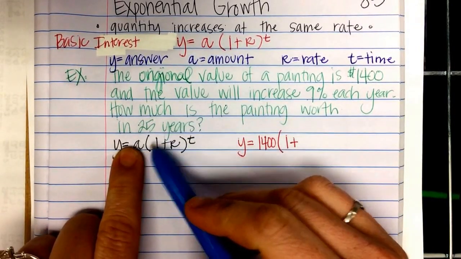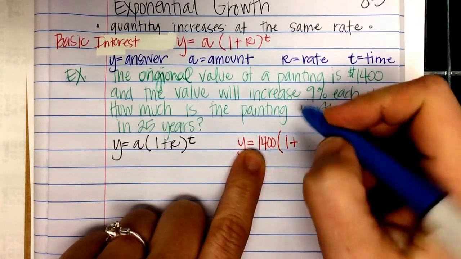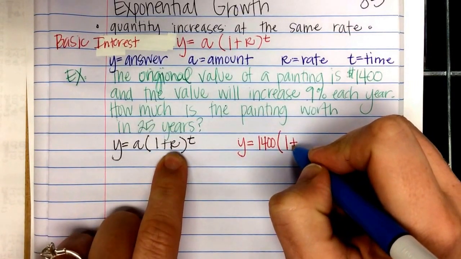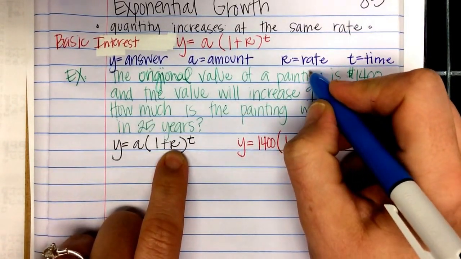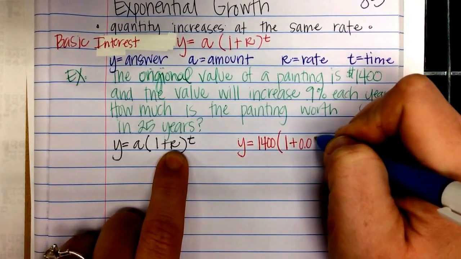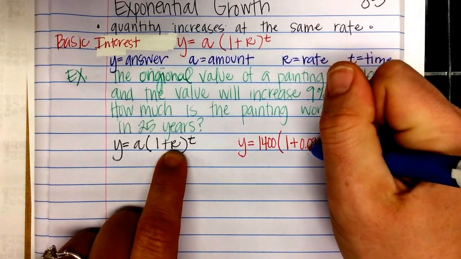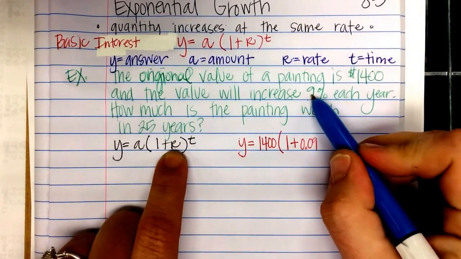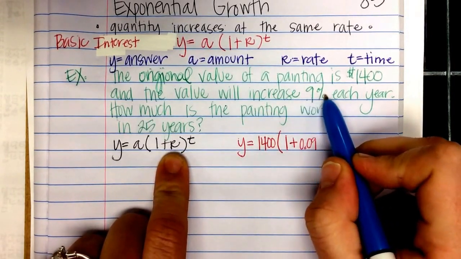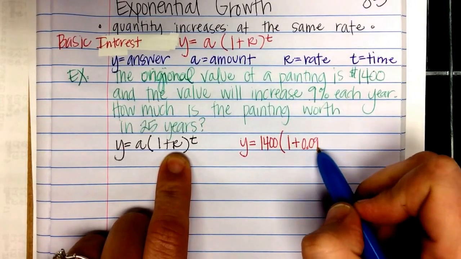Our A is our amount, which is $1,400. We have 1, because that's in our formula, plus, and Arlo told me the rate was 0.09 because 9% as a decimal is 0.09. You cannot just put in 9 as your rate. Our rate is 9%, meaning 9/100ths.